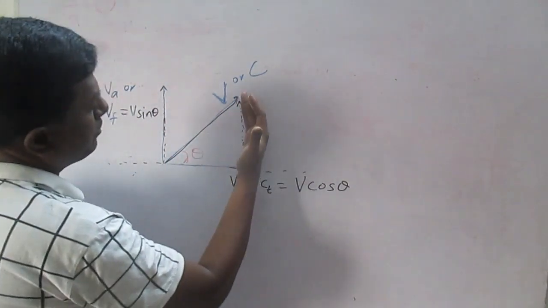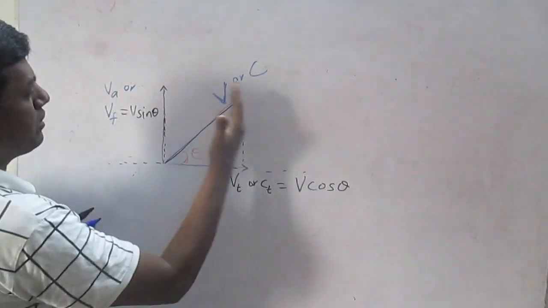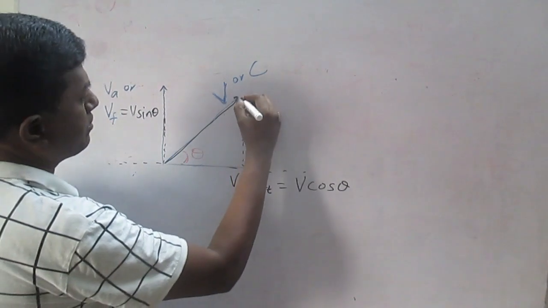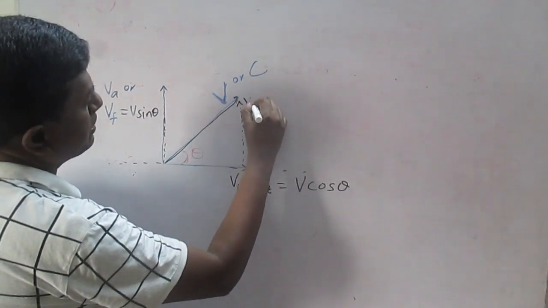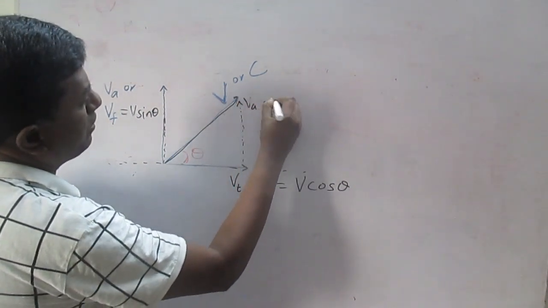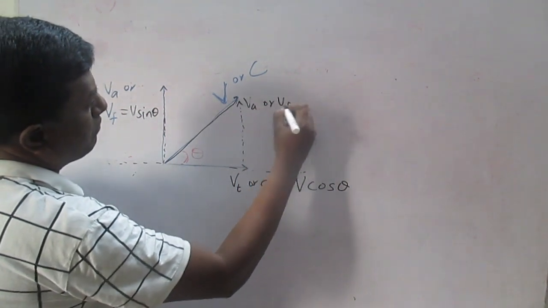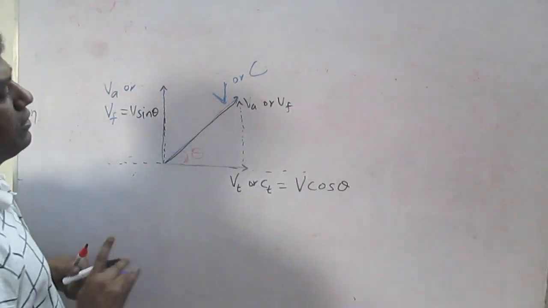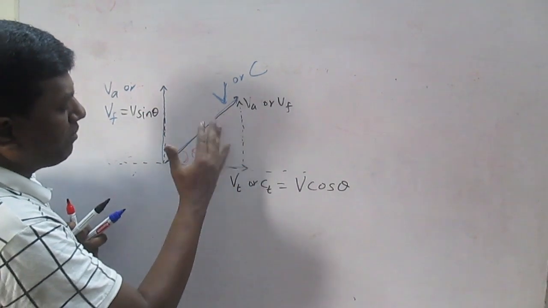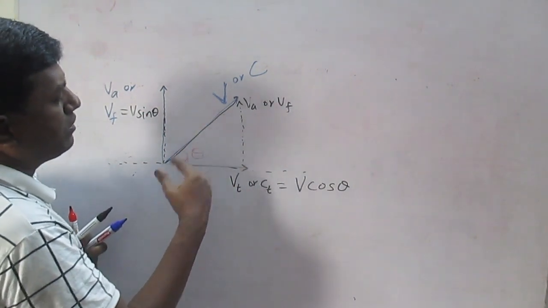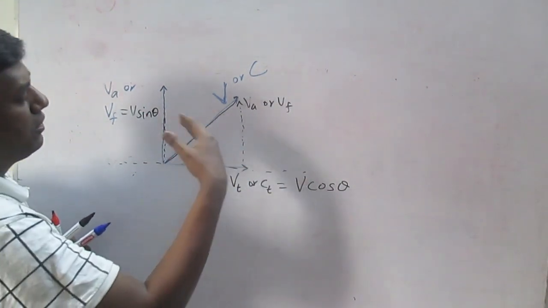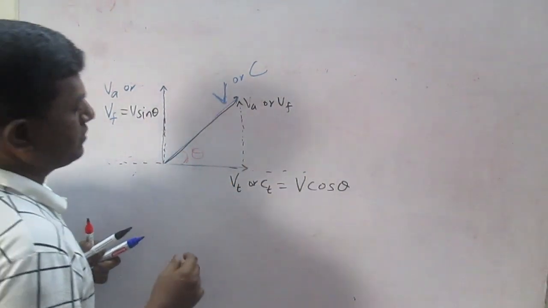So this is what we have shifted. This is what we say is the simple velocity triangle. From this simple velocity triangle only we are developing the modified velocity triangle.